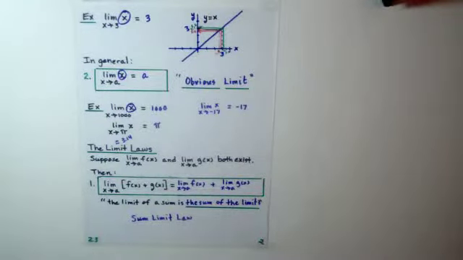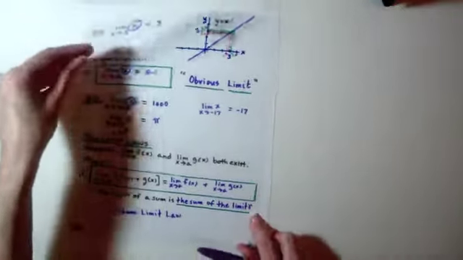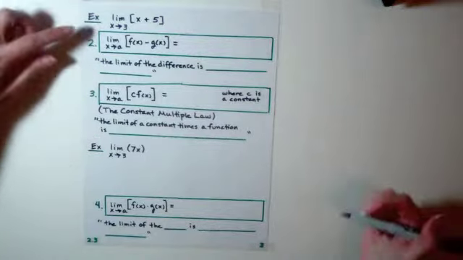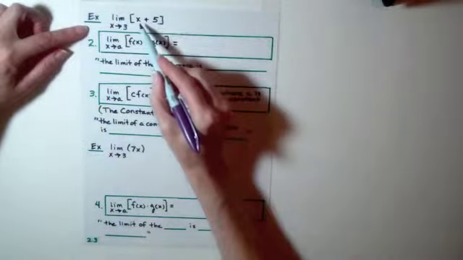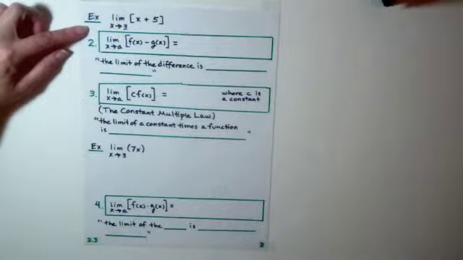Let's look at some examples, and I think it will help to make this sum law make more sense and understand why it would be helpful. So let's turn to the next page, and at the top we have an example. We are supposed to find the limit as x approaches 3 of the function x plus 5. So this is a more complicated function than we have looked at before.